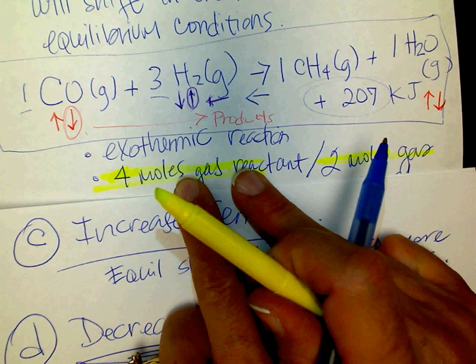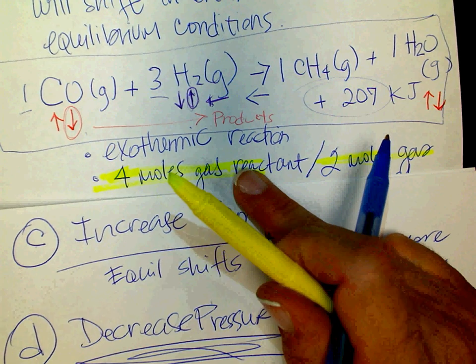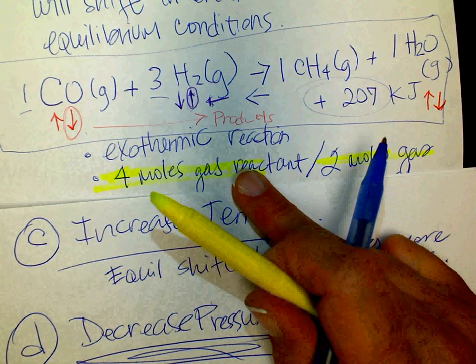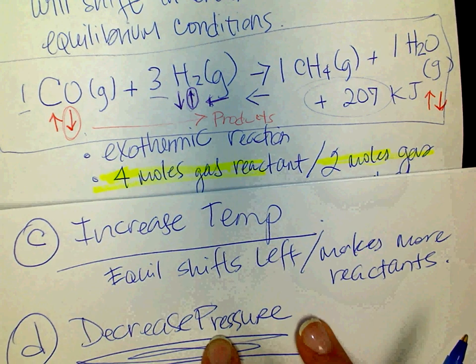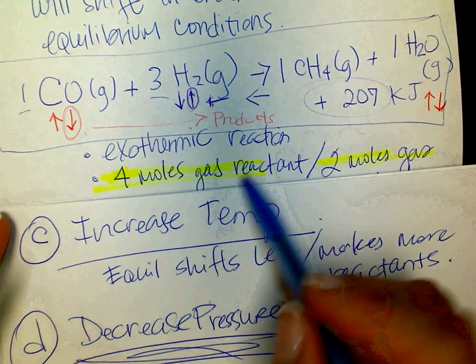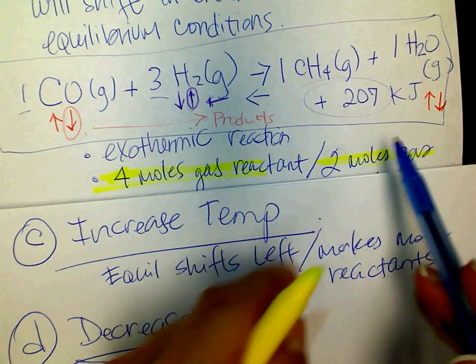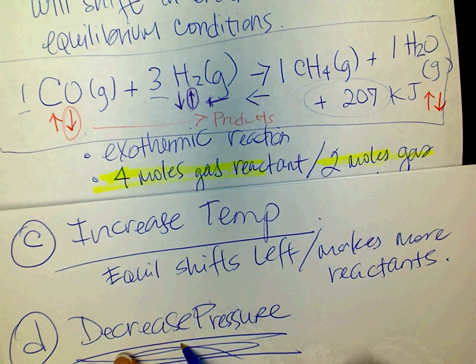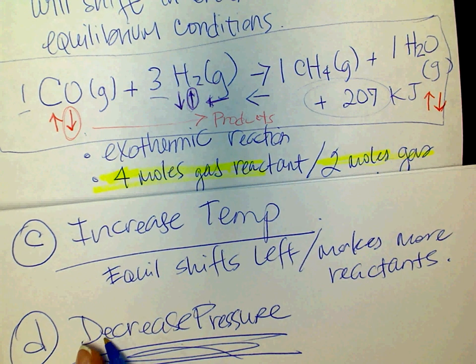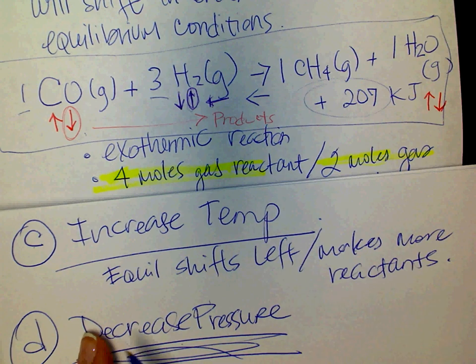So if we decrease pressure, what do we want to do to oppose that? If we decrease pressure, it's like we're going to this side. So what do we want to do to increase the pressure? No, pressure got decreased, so we want to do the opposite. We decrease pressure, so we need to increase pressure.